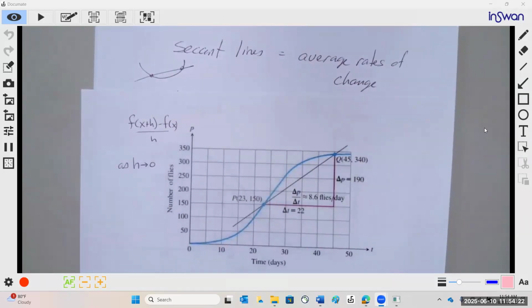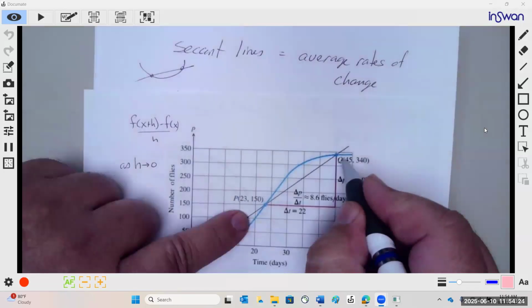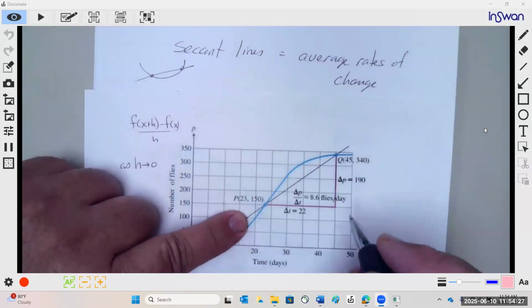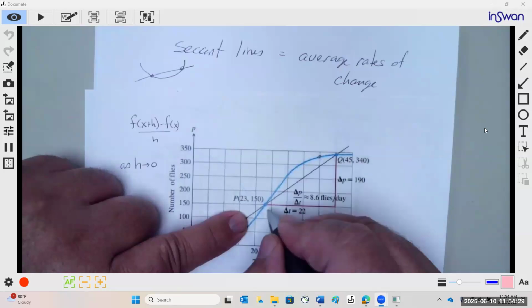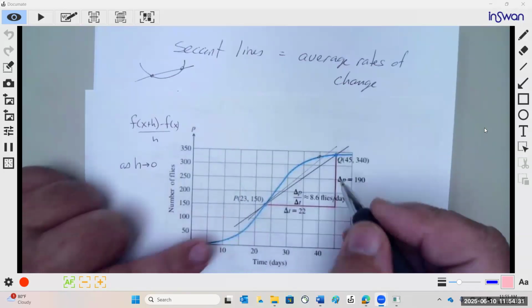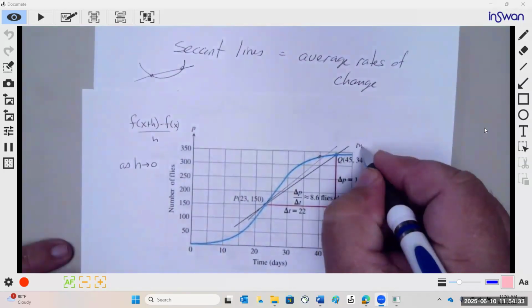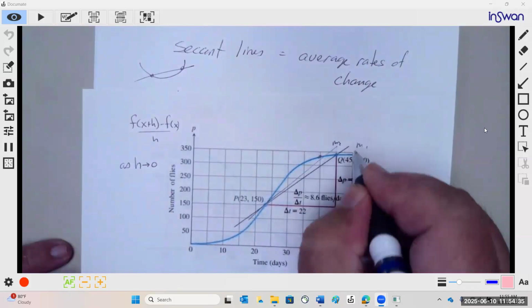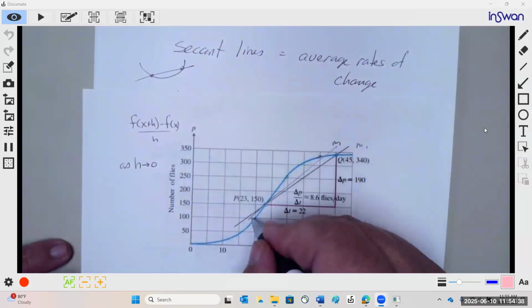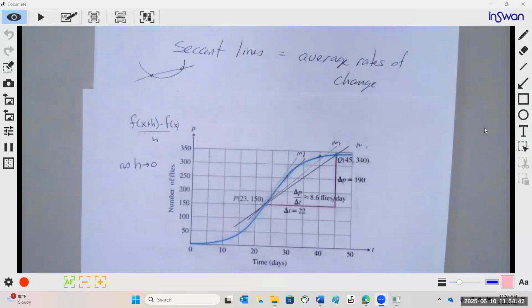What happens? What this is telling us is we have our first secant line. Then we do the next one. We would do that secant line, find that slope. This is slope 1. This is slope 2. Then we do the third one. This is slope 3. Then we get closer and closer and closer.